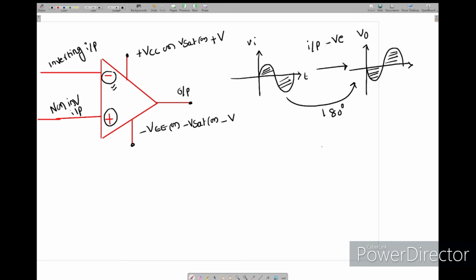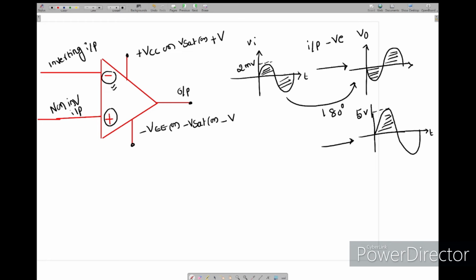Now I give the same input to the non-inverting input. What I get at the output is an amplified version of the input I am giving. Suppose I give an input of 2 millivolts and I get an output of 5 volts.